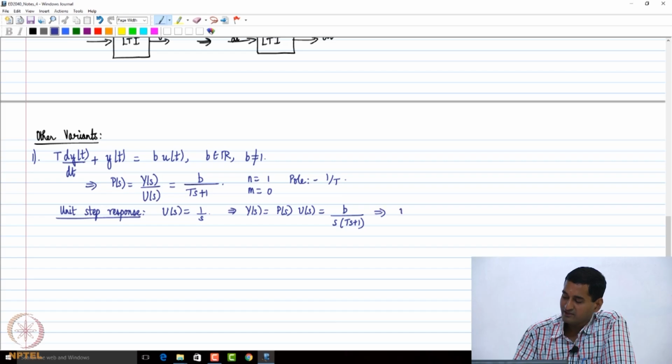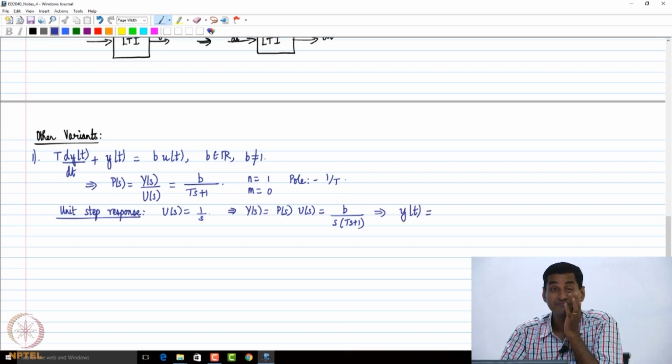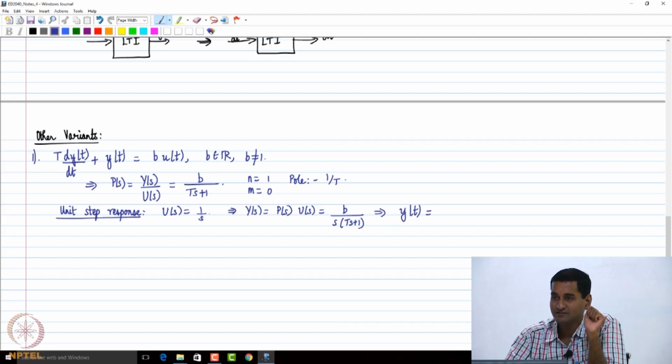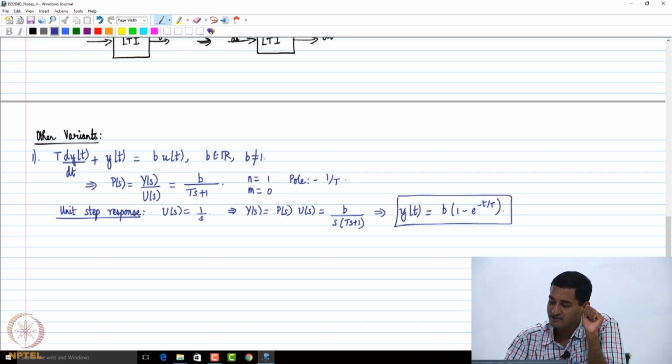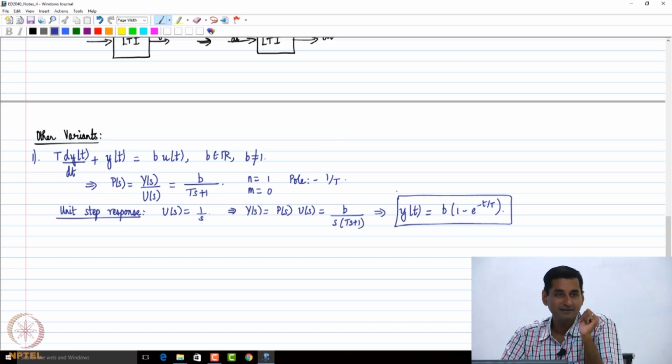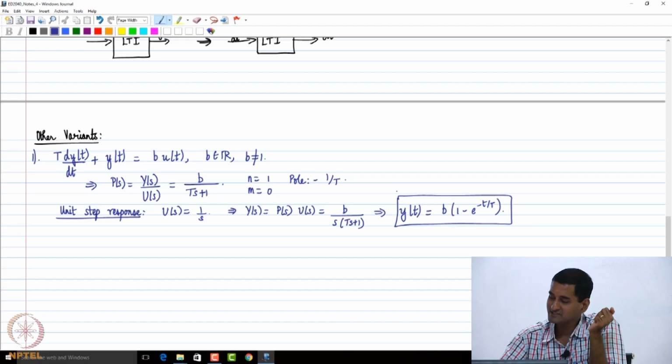So what will be y of t? Pretty straightforward, right? We already know the answer of what happens when we have 1 divided by s times (Ts plus 1). So y of t is just going to be b multiplied by (1 minus e power minus t by capital T). The only difference we get is that the steady state output is now b rather than 1. That is the change which comes.